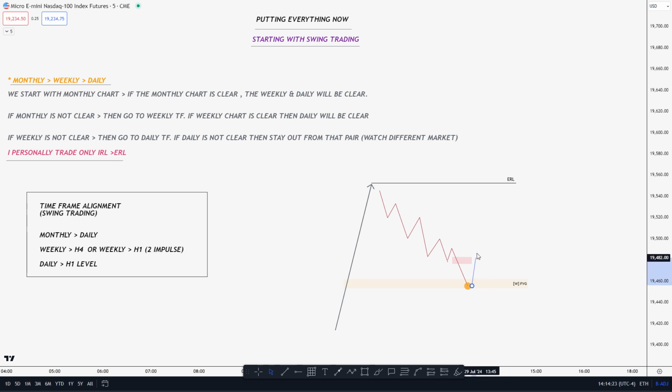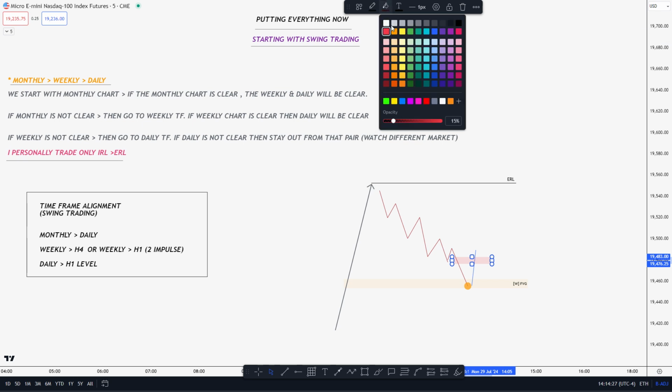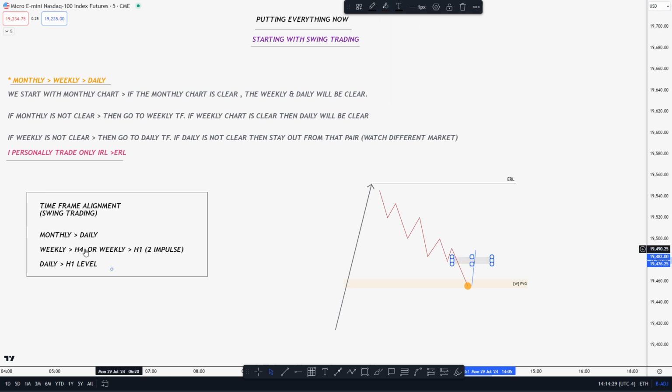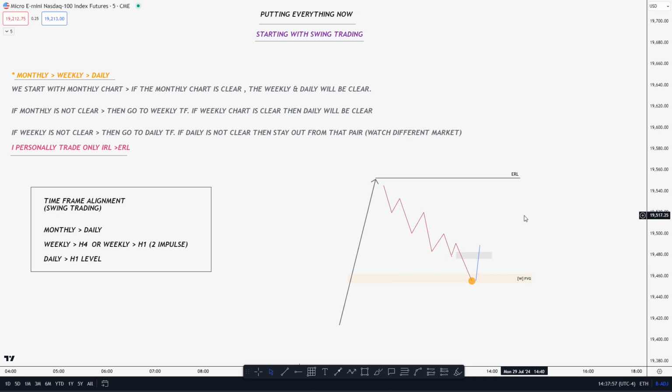But if it creates an inverted fair value gap on 4 hour or whatever level you're watching and whatever time frame alignment you're using, I understand that it's a sign this bearish level is not holding and bullish momentum is coming, because we're not respecting the bearish level. I hope this is clear to you guys.